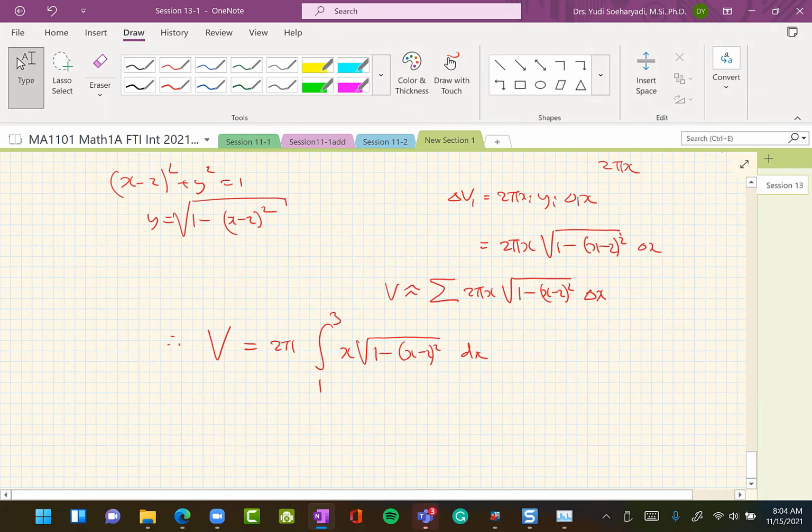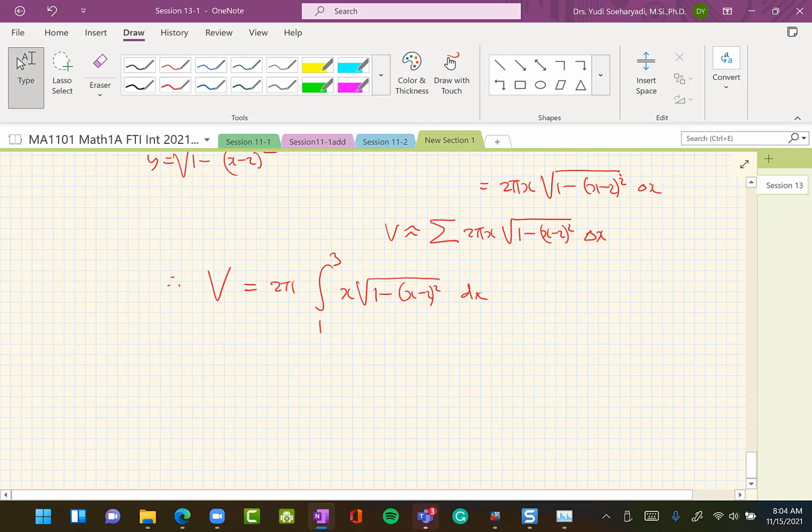You can use the calculator to compute this integral because this is not something that has an easy antiderivative. You gotta use some tricks to do this. We'll do this later, the trigonometric substitutions.